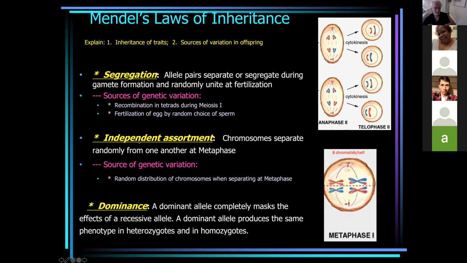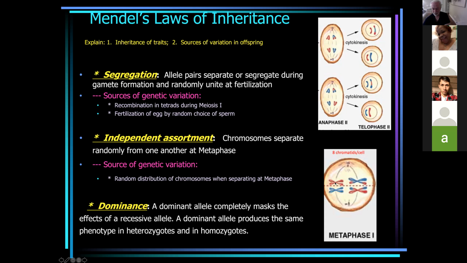Similarly, another of Mendel's laws is independent assortment. Independent, emphasis. Chromosomes separate randomly from one another at metaphase. So this is another source of genetic variation. You see that in the lower right, when chromosomes line up in metaphase in the center of the cell, any chromosome can go either one way or the other.